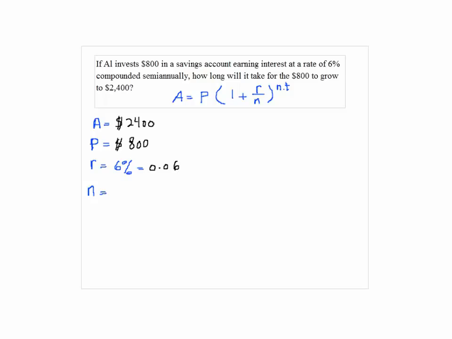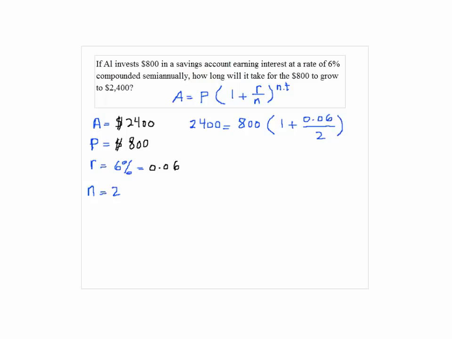So this N would be equal to 2. Absolutely correct. So we have all the numbers we need to substitute here and solve. Let's take a look. We have 2,400 is equal to 800 times 1 plus, now R is 0.06, divided by N, which is 2.